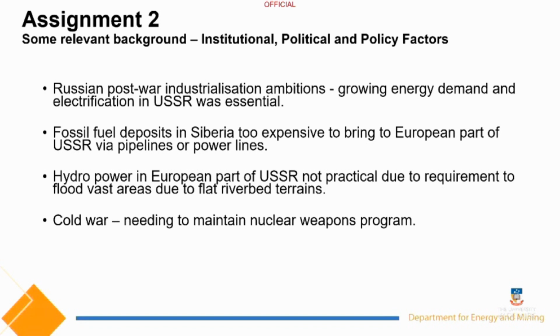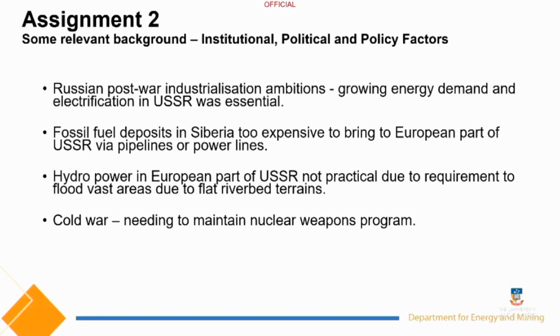The fossil fuel deposits in Siberia were too expensive to bring to the European part of the USSR via pipelines or power lines at the time. Hydropower in the European part of the USSR was not practical because they would have had to flood vast areas of riverbed terrains and move towns. This is the thinking behind that institutional vision.